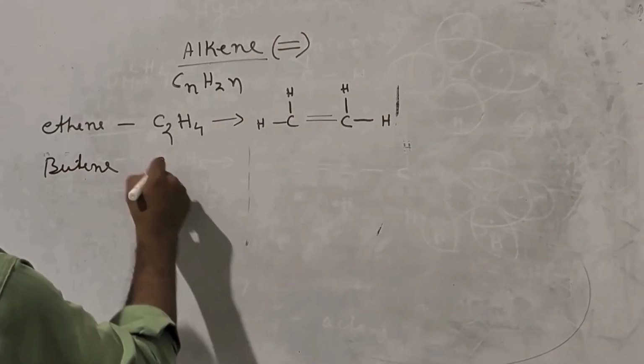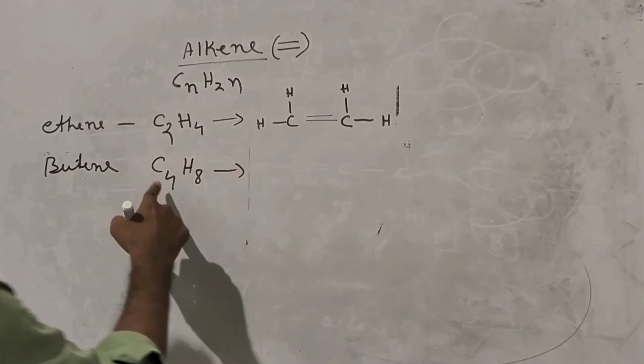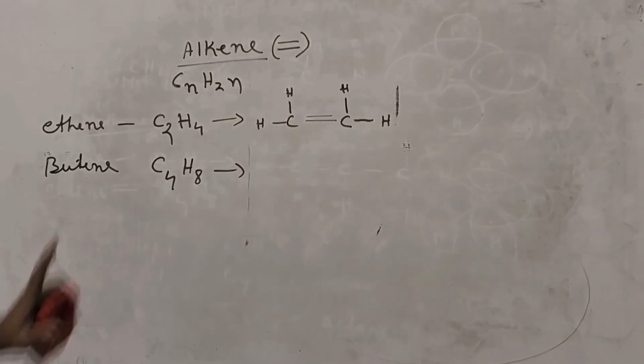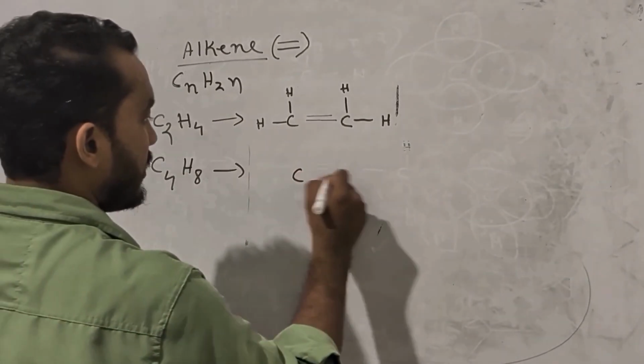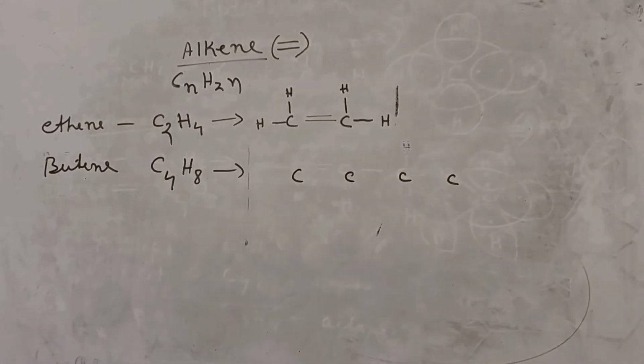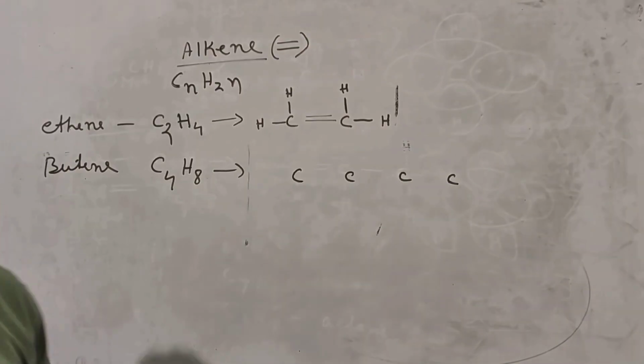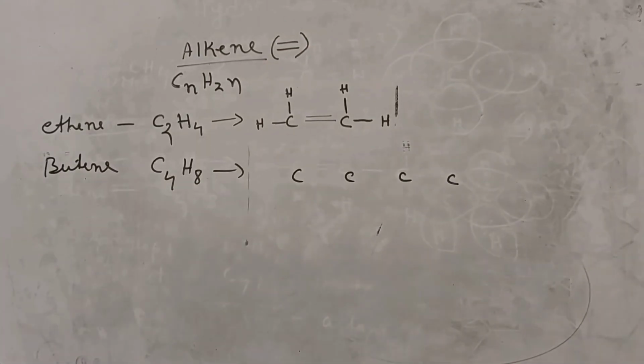Butene is C4, and hydrogen becomes double, 8. Here you see there are 4 carbons: 1, 2, 3, 4. What I have said is that at least in one position between carbon and carbon I can give a double bond.